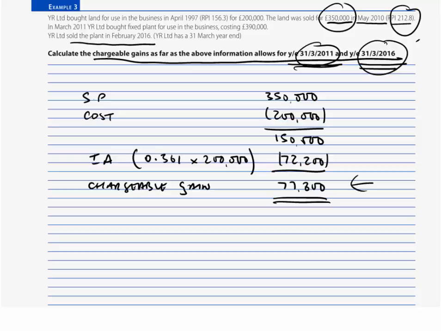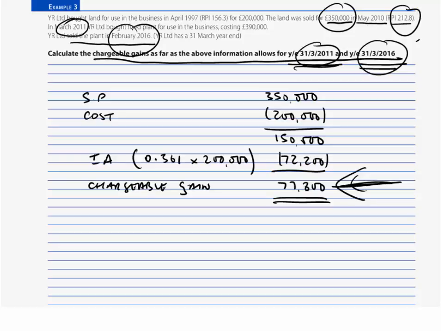Right. We had an acquisition date in relation to that fixed plant of March 2011. Remember the rule, the deferred gain, there is our deferred gain. That deferred gain will crystallise the earlier of the disposal of the plant, that is happening in February 16, or 10 years from the acquisition date. March 11 would be March 21.